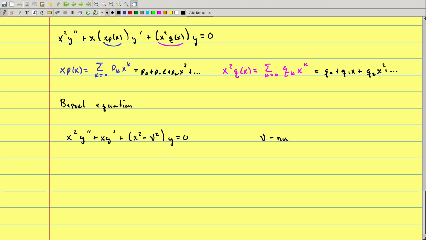This is the Greek letter nu, and it identifies what is known as the order of the Bessel equation. All right.